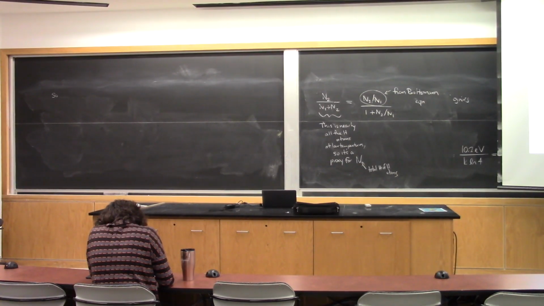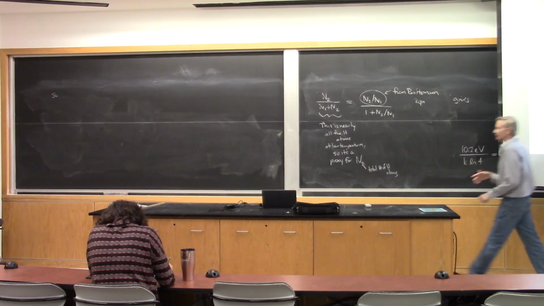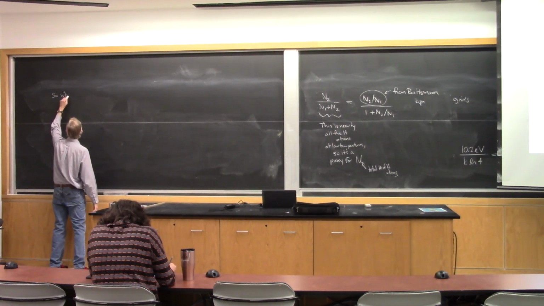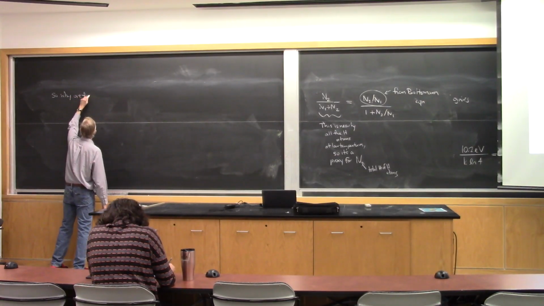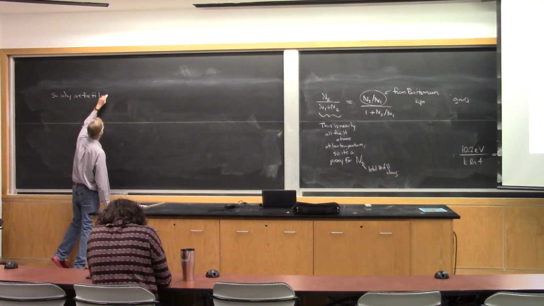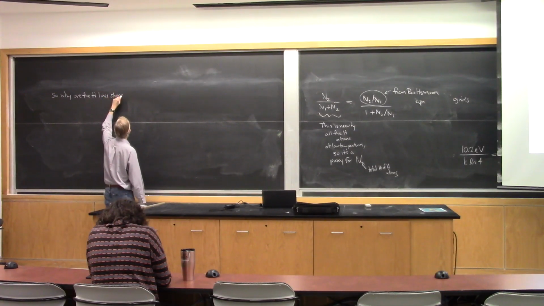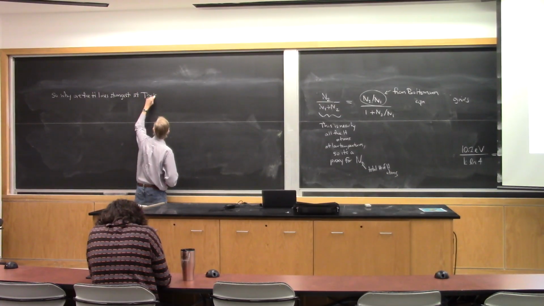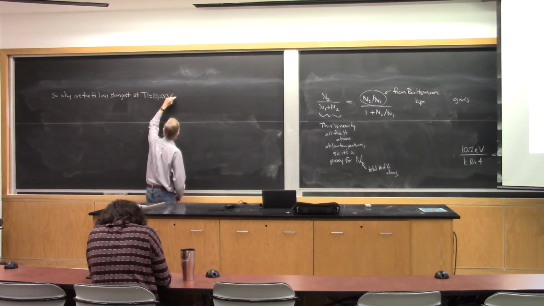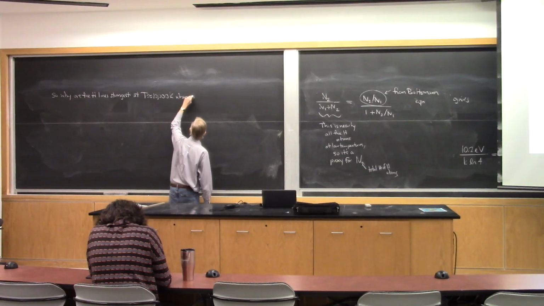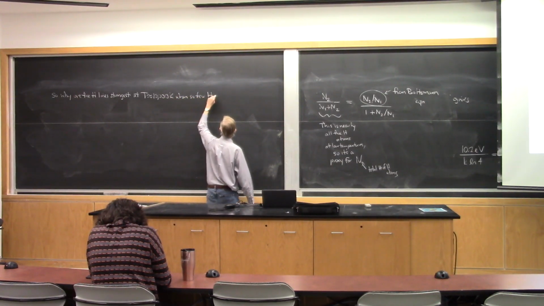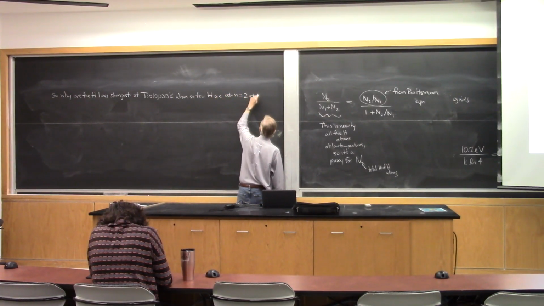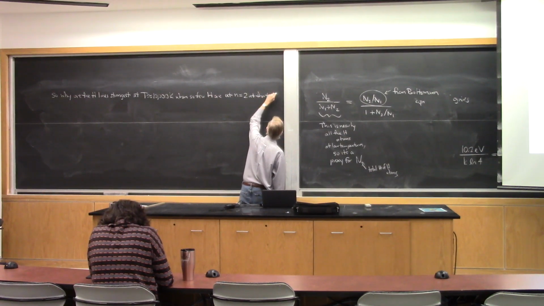Our question is, and we've already answered it qualitatively, why are the H lines strongest at T on the order of 10,000 K when so few H are at n equals 2 at that temperature?